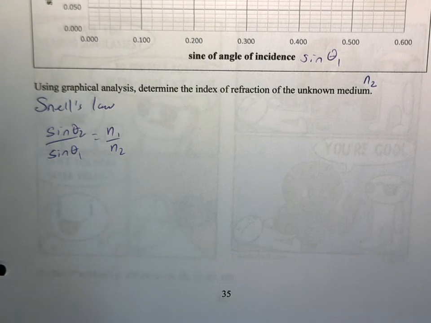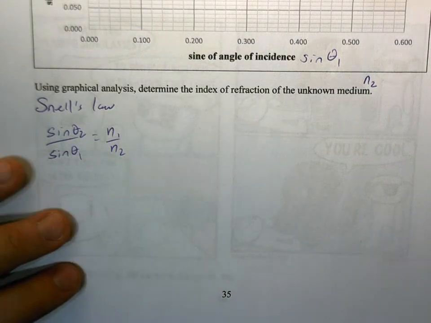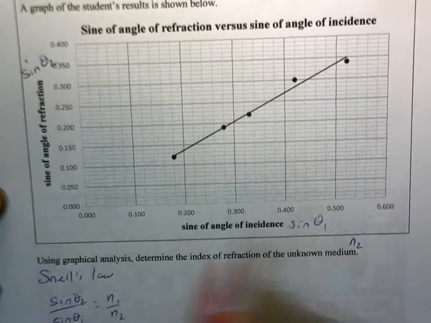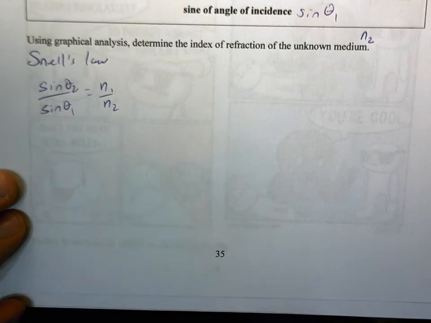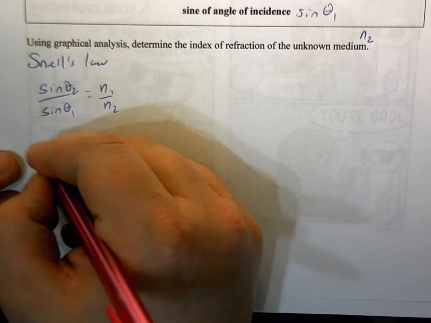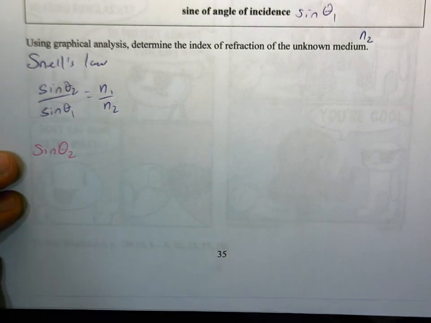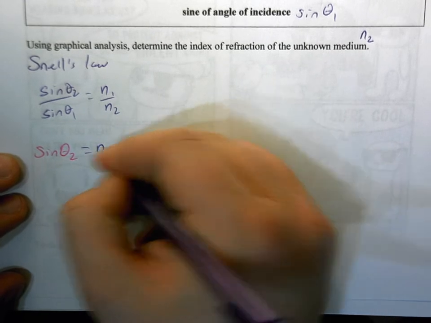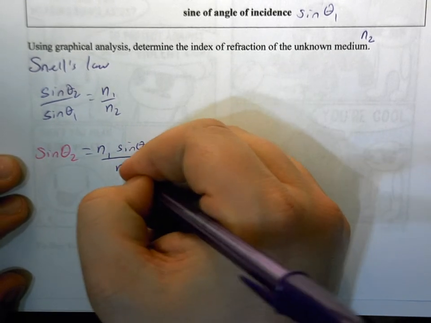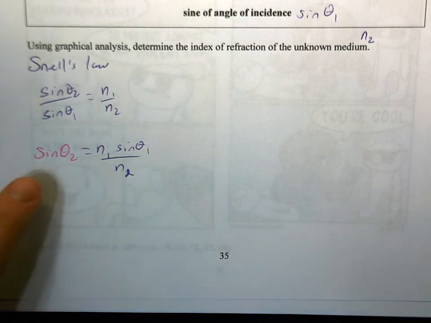We want to isolate what's on the y-axis, and separate what's on the x-axis from everything else. On my y-axis, I have sine of theta 2, so I want to get sine of theta 2 on its own. So sine of theta 2 is going to be n1 sine theta 1 divided by n2.